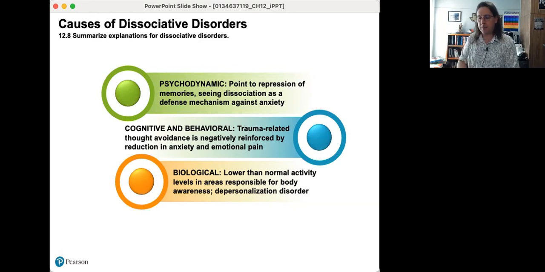So what it does not do is uncover memories that are forgotten. And the danger is that if somebody was careless and reckless through their hypnosis treatment, they could actually implant a thought that somebody could recall in detail, even though it never actually occurred.